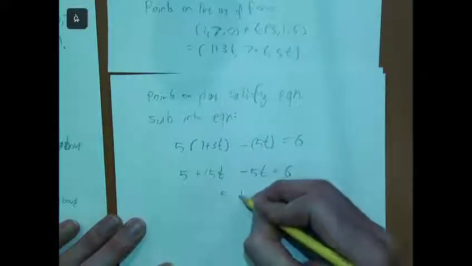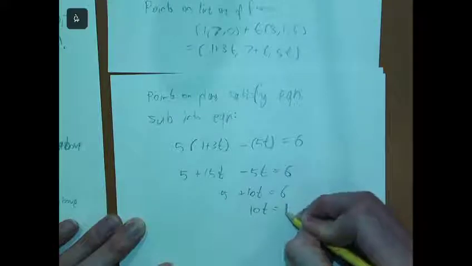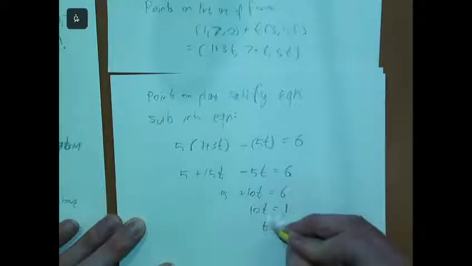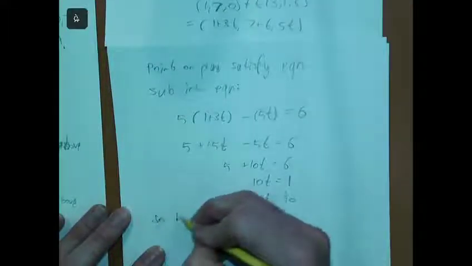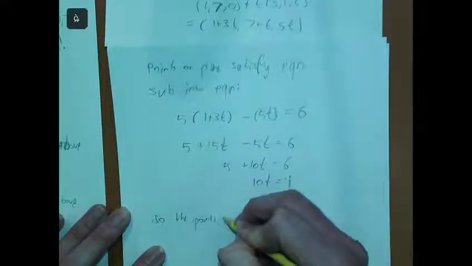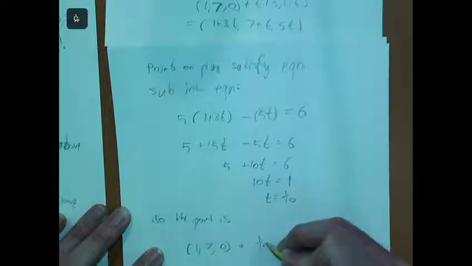So 5 plus 10t equals 6. 10t equals 1, subtracting the 5. t is a tenth. So the point is (1, 7, 0) plus a tenth of (3, 1, 5), because that's what the t works out to be after all.